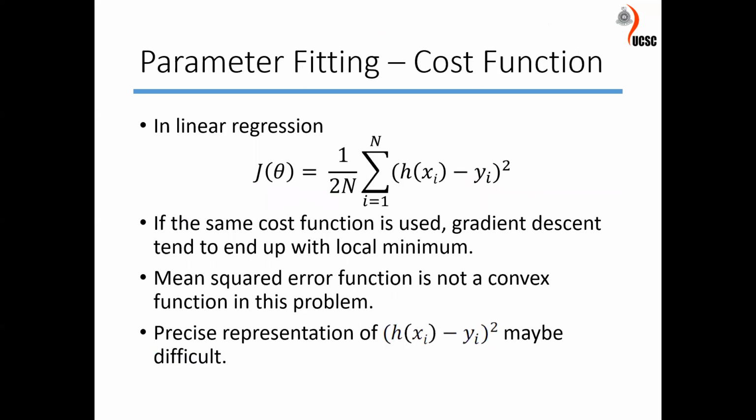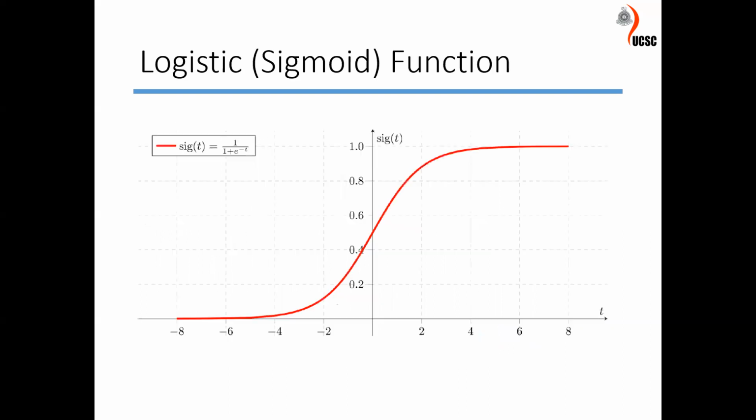When you fit our parameters, the linear regression cost function is not going to work in this kind of scenario because our class is a kind of defined value, not a real value. So that will not give a convex function. Because of that, we can't use the normal linear regression cost function.